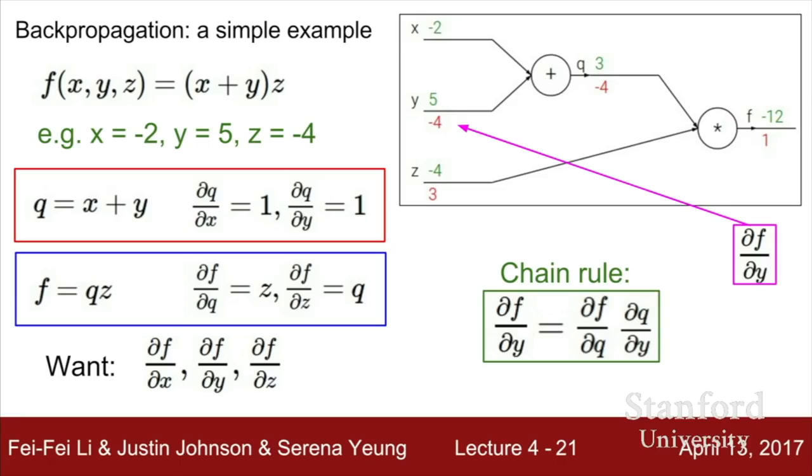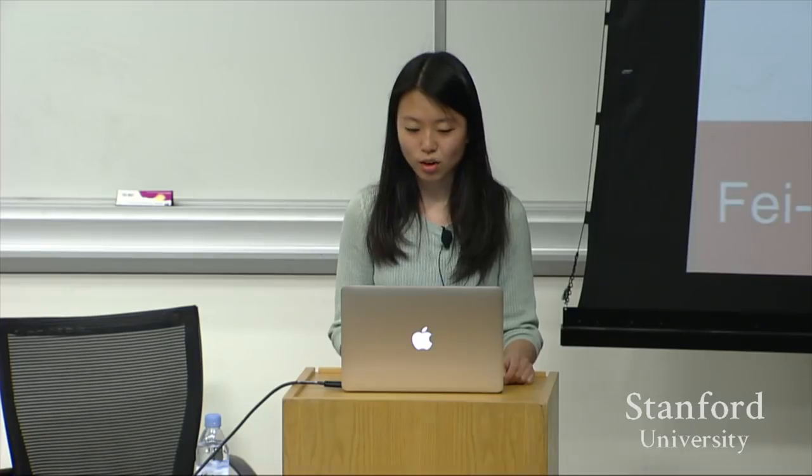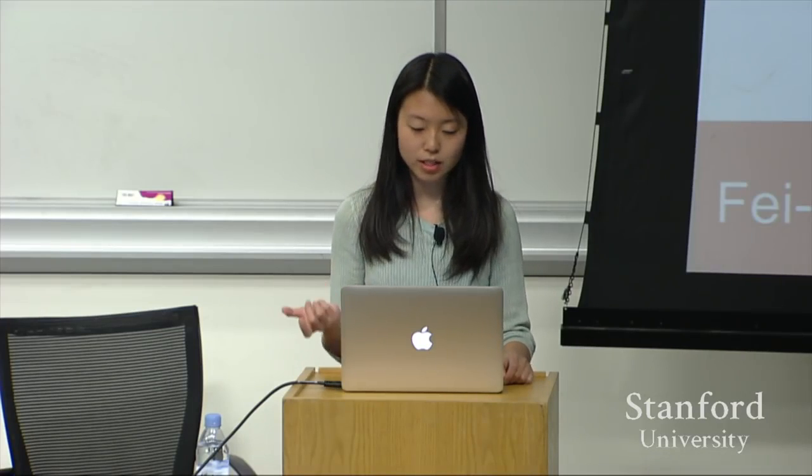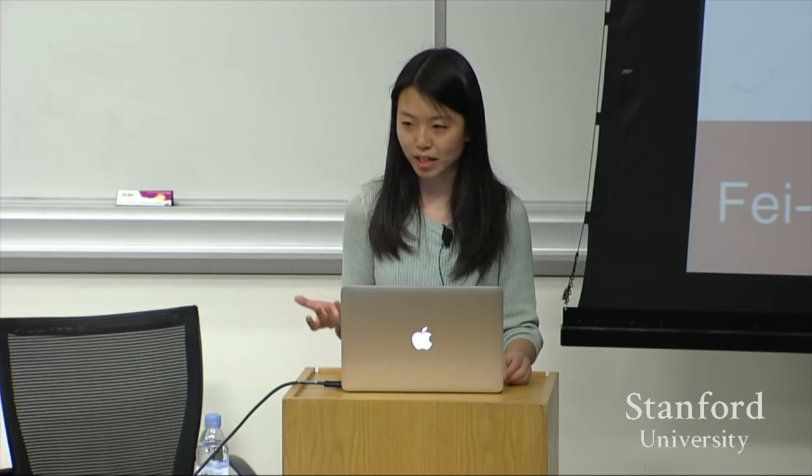And so the intuition of this is that in order to find the effect of y on f, this is actually equivalent to taking the effect of q on f, which we already know, right? df over dq is equal to -4, and we compound it with the effect of y on q, dq over dy. So what's dq over dy equal to in this case? 1. Right, exactly. So dq over dy is equal to 1, which means if we change y by a little bit, q is going to change by approximately the same amount, right?